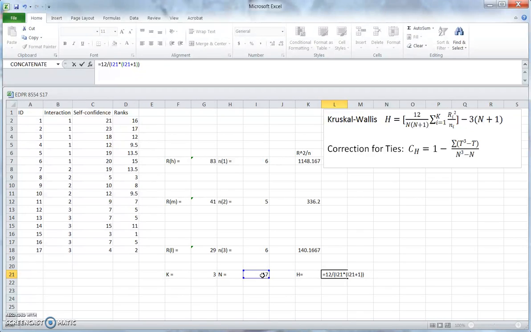Then we're going to times the R squared divided by N for the first group plus R squared divided by N for the second group and plus R squared divided by N for the third group.